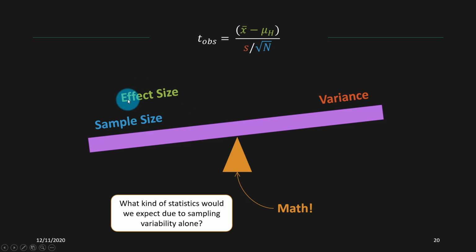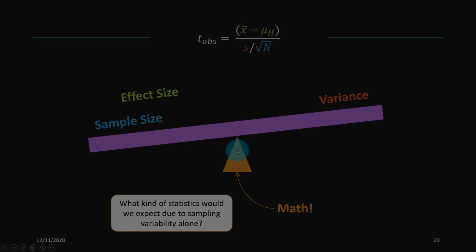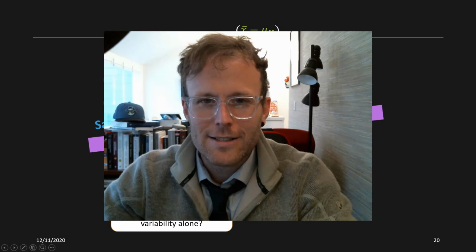And the effect size is one of those things that help us think that, okay, perhaps there is actually something systematic going on in our data. If we increase the sample size, that's going to make us more sure. If we increase the variance, that's going to make us less sure. And then how sure do we need to be is what we're going to talk about in the next couple lectures.